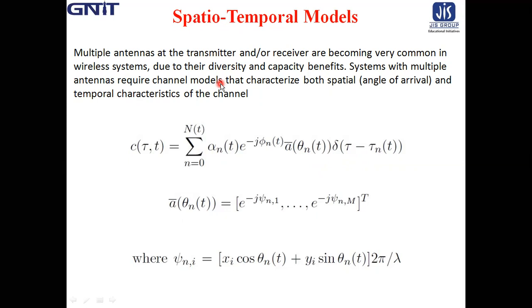A typical model assumes the channel is composed of several scattering centers that generate the multipath. The location of the scattering centers relative to the receiver dictates the angle of arrival of the corresponding multipath components.